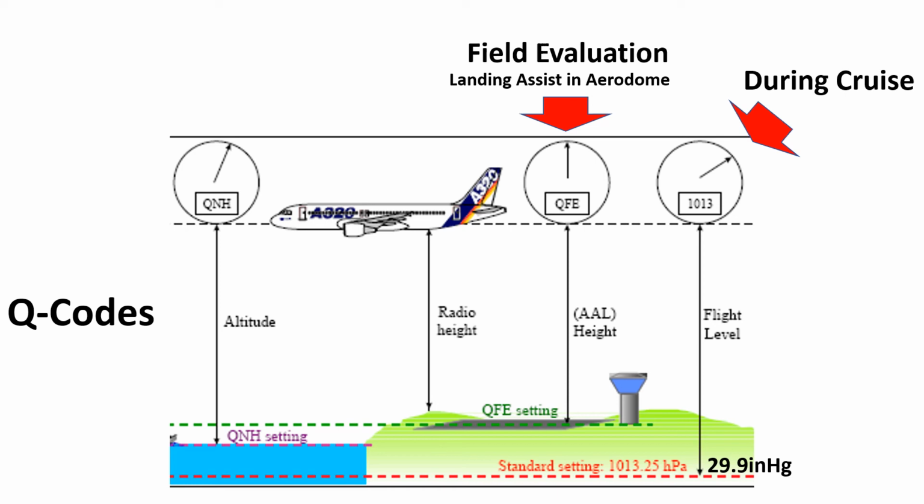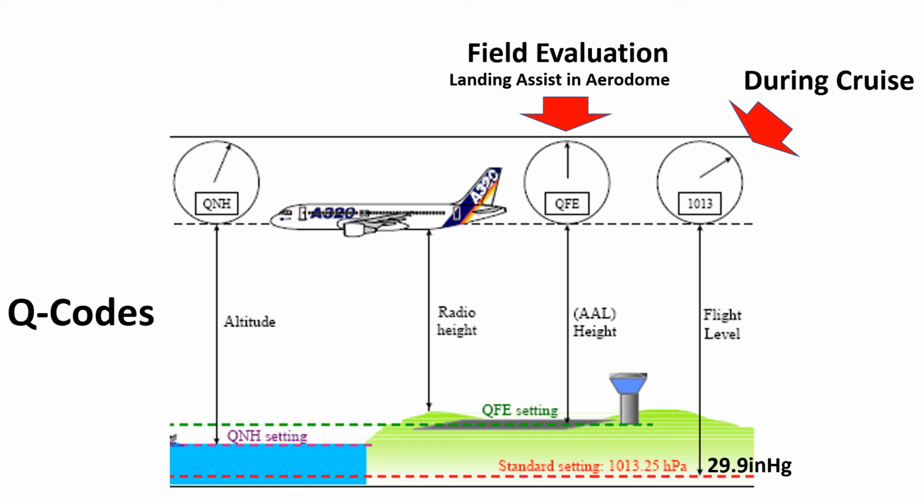So all aircraft approaching this airfield or aerodrome are referenced at the same local pressure, and then the traffic controller can know their height. So this is used for aircraft control.